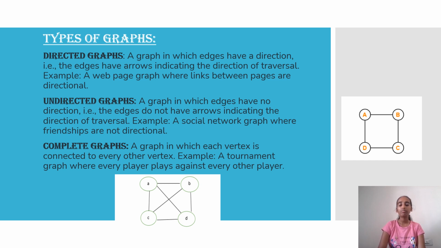For example, a tournament graph where every player plays against every other player. You can see here a graph of A, B, C, D. Here A is connected to B and A is also connected to D and also to C. It is a complete graph connecting all the vertices and all the edges are connected equally.